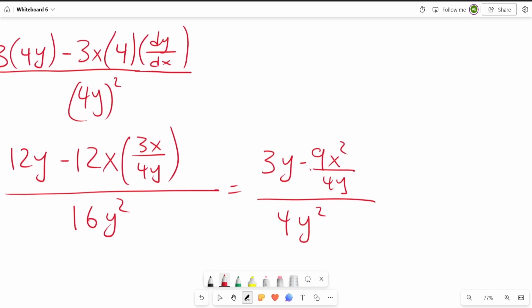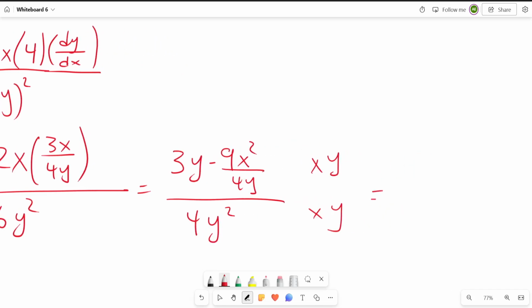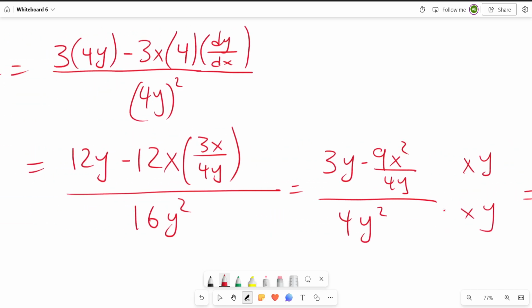So what I can do is multiply up and down by y to get rid of this y in the denominator. So this is going to equal 3y squared minus 9x squared over 4y cubed. And this is basically going to be my answer for the second derivative.